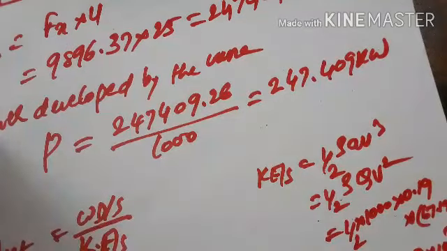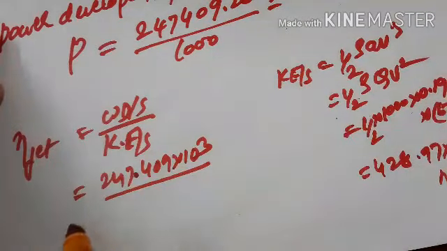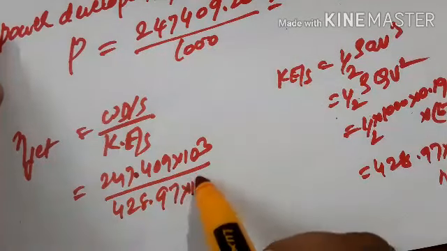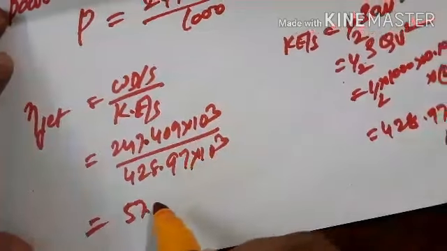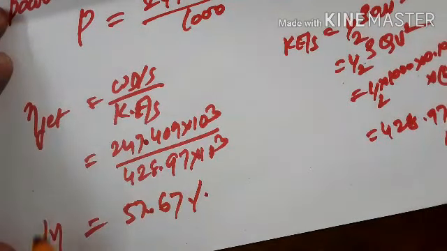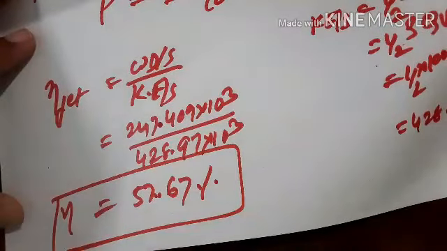Then substitute here. We know the work done per second, 247.409 into 10 raised to 3 divided by 428.97 into 10 raised to 3, you will be getting 57.67%. This is the efficiency of the jet.